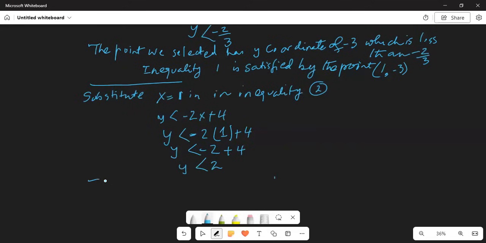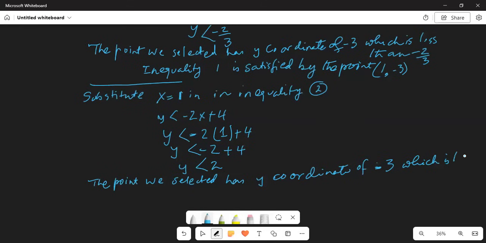The y coordinate of the point we selected is minus 3, which is less than 2.